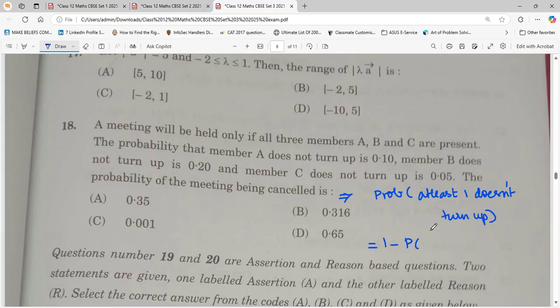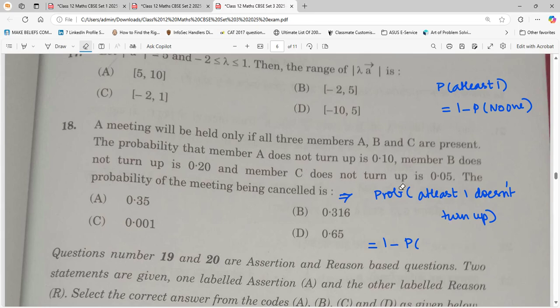We know that probability of at least one is equal to 1 minus probability of nobody, or it should be the other way around.